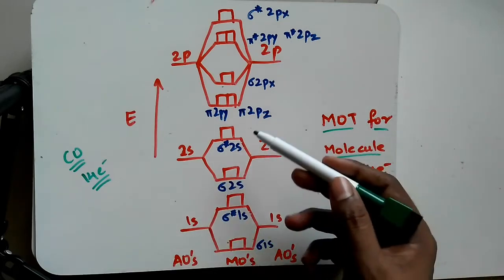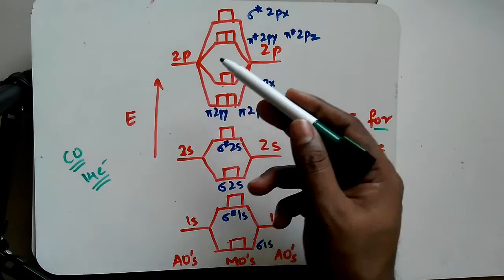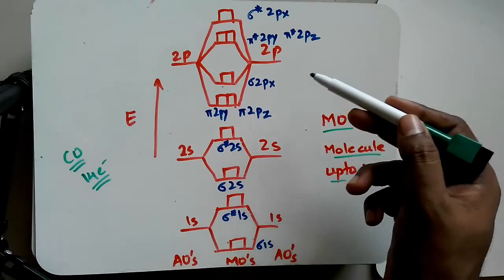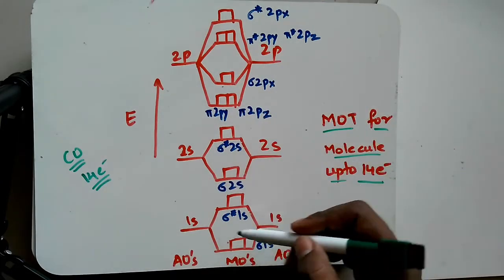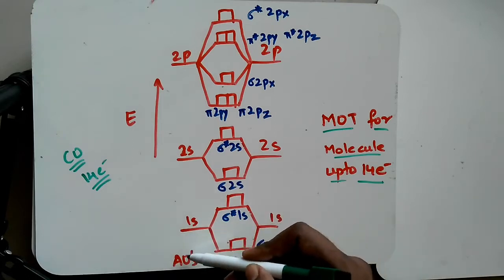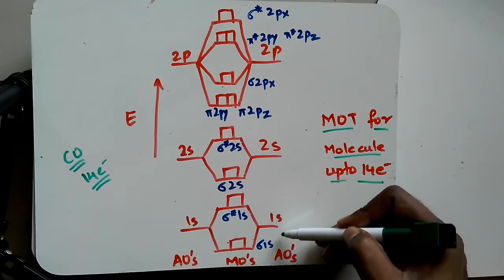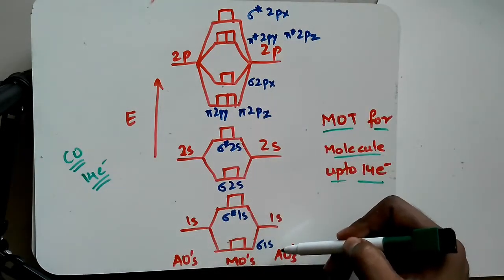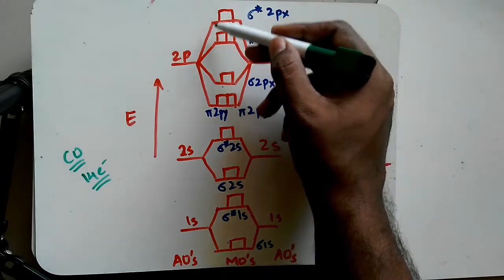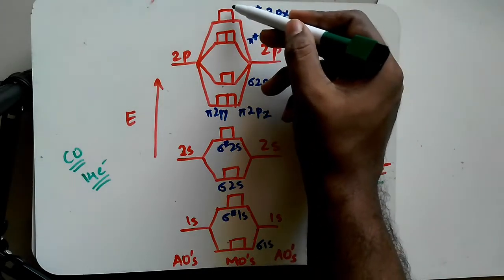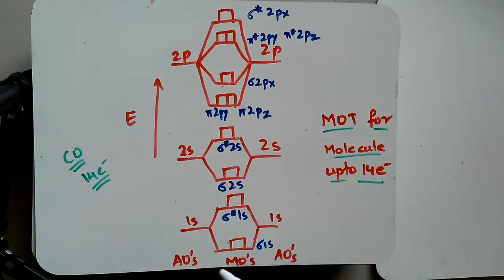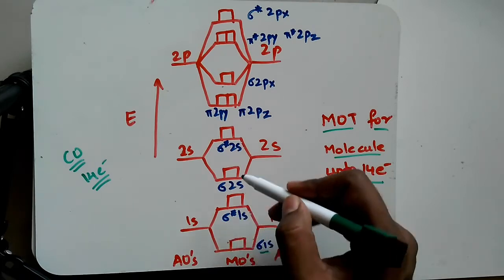Now regarding this MOT, I will explain it. If you know this part, you can skip ahead a little. Here we have 1s. These are the atomic orbitals of one atom, and these are the atomic orbitals of the next atom, because it is diatomic. And the boxes you can see are the molecular orbitals. Now the 1s orbitals meet, and we get a bonding sigma 1s orbital and a sigma star 1s orbital, which is the anti-bonding orbital.